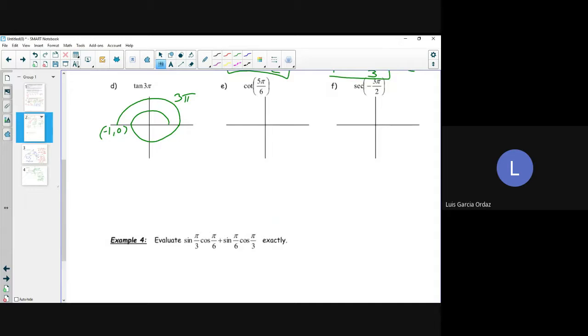So what we need to do is figure out what sine of 3 pi is and cosine of 3 pi, okay? Because remember, the point xy is... sorry, it's the other way around, sine theta and cos theta.